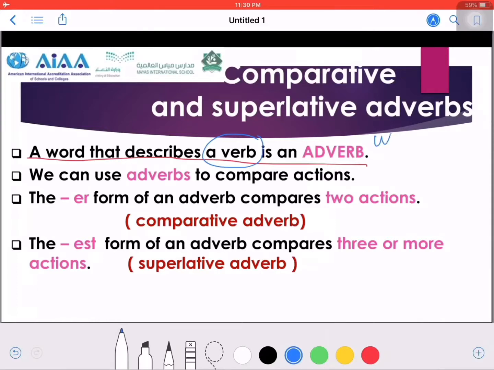It tells when, where, also it tells how, and also how often something is done.